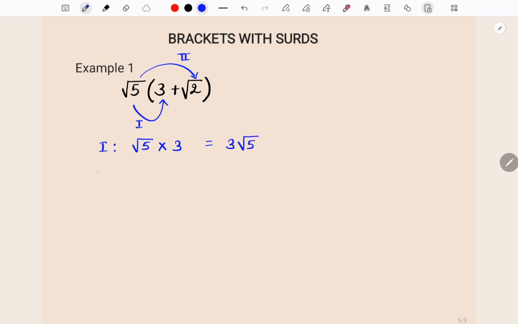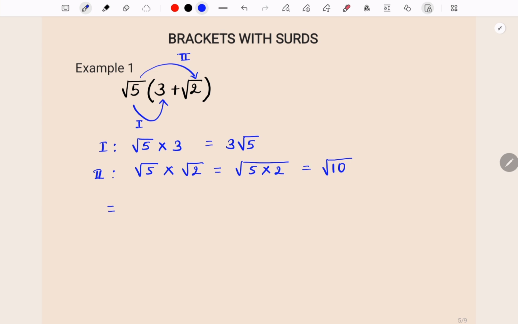Okay. And now let's do the second multiplication. So we have root 5 multiplied by root 2. Now again, I can write it as square root of 5 times 2. That is square root of 10. Now let's go back to the question.